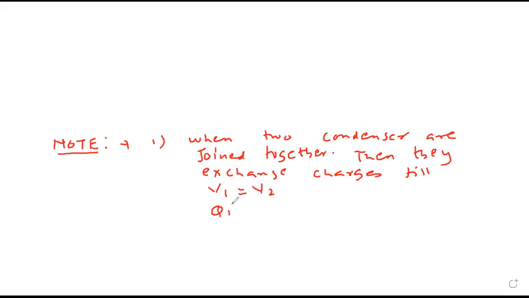So the voltage formula is Q1 dash upon C1, and this is Q2 dash upon C2.